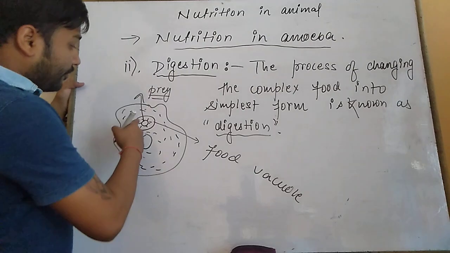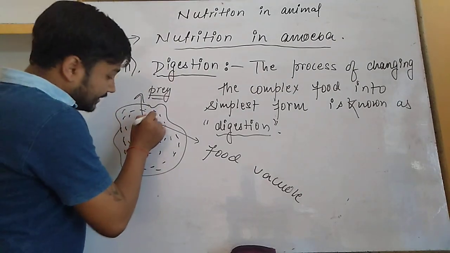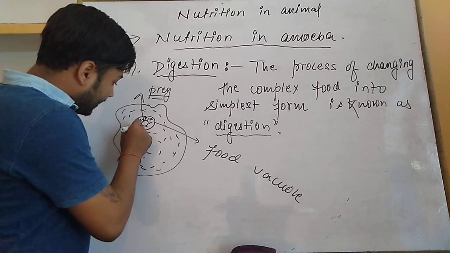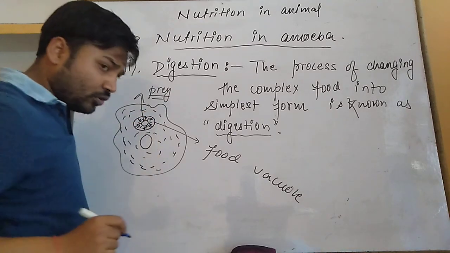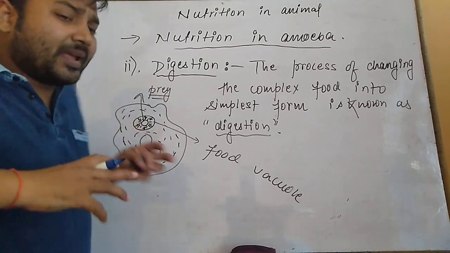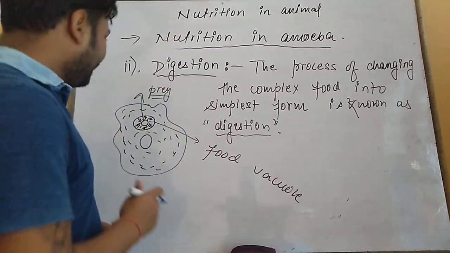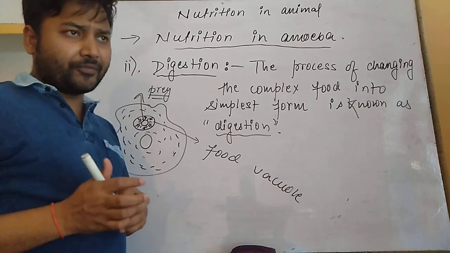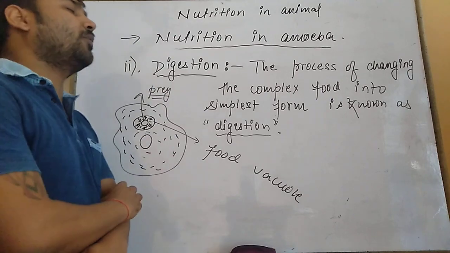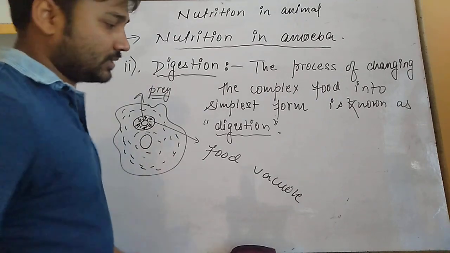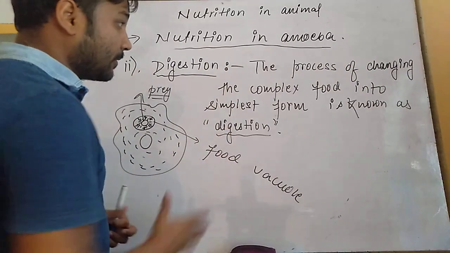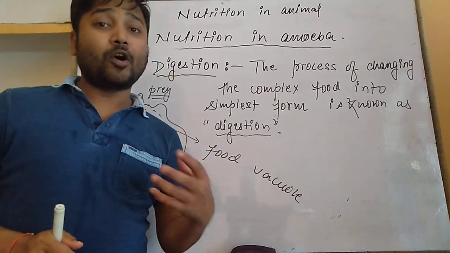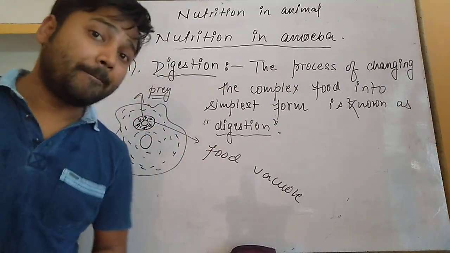Now, from the contractile vacuole, it is responsible for the secretion of the digestive enzyme. इससे फूड वैक्यूल के अंदर फूड को ब्रेक करने के लिए, डाइजेस्ट करने के लिए डाइजेस्टिव एंजाइम सेक्रेट होता है, which helps to mix the food and to break down into simplest form to convert into lipid substance, and after the process of digestion it is finally converted into a lipid substance that is the form of simplest complex food material.